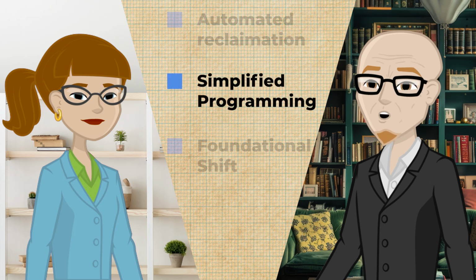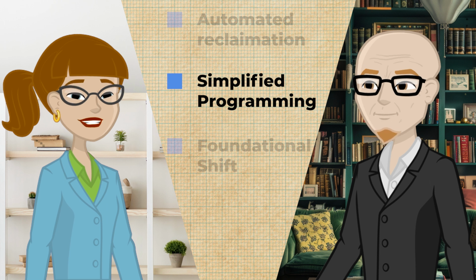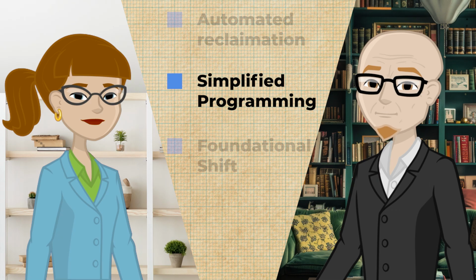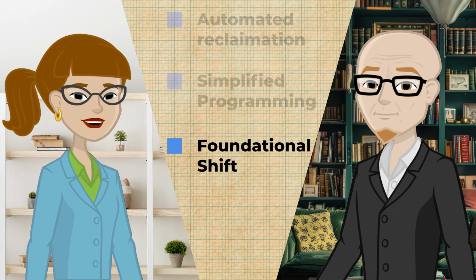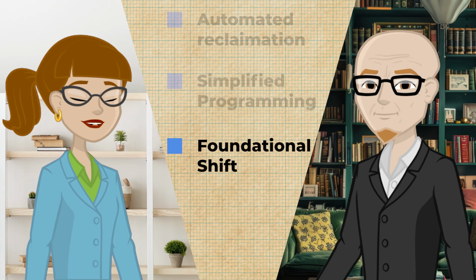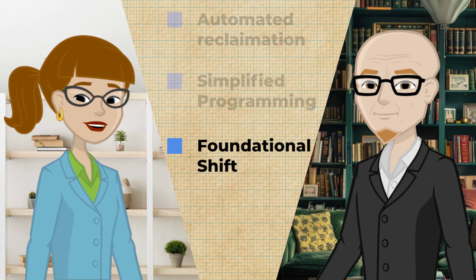This fundamentally simplified programming. It freed developers from that error-prone task of manual memory bookkeeping. So they could focus on the actual logic. Exactly. Focus on the application logic, which paved the way for far more robust and complex software. It really sounds like a foundational shift and enabled whole new kinds of applications. No wonder that today languages like Java, C#, Go, Python all rely heavily on some form of automatic memory management.